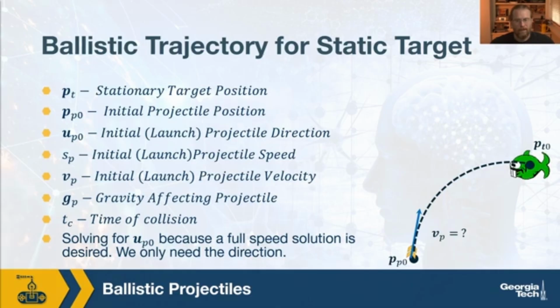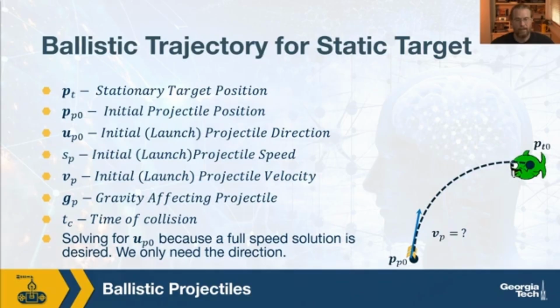So have some definitions for variables here. We have P sub t, the position of the target. Again, this is stationary. The initial projectile position. We have a vector u, which is for the direction of the projectile at the launch.